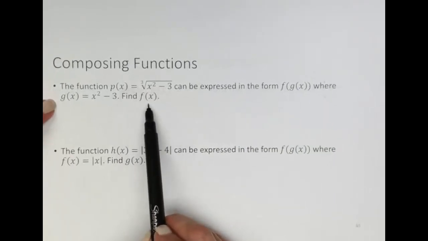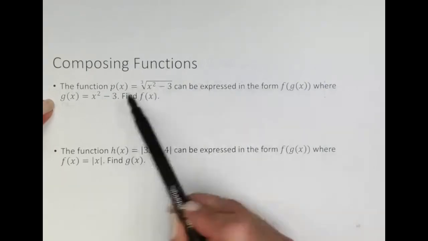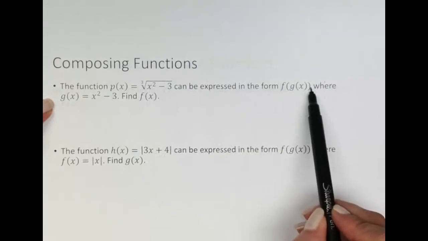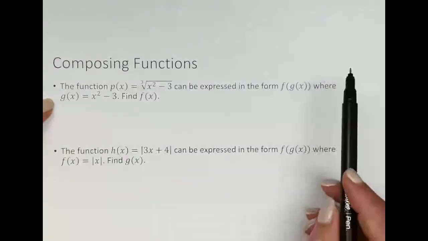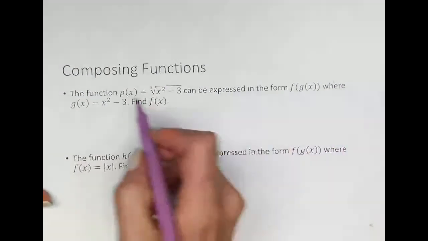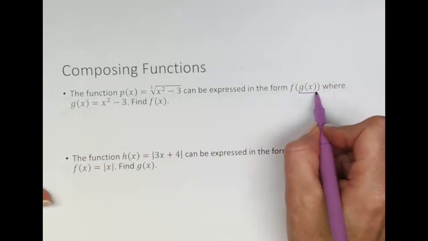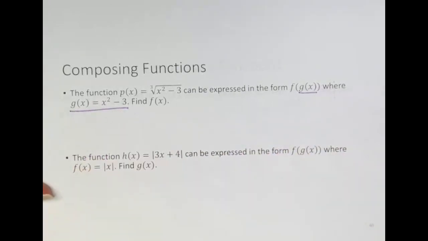What this example is doing is asking us to undo the composition. So if p of x was f of g of x, what would be the outside function and what would be the inside function? Now they've given you the inside function, so we have some help. They're saying the inside function g of x is x squared minus 3.